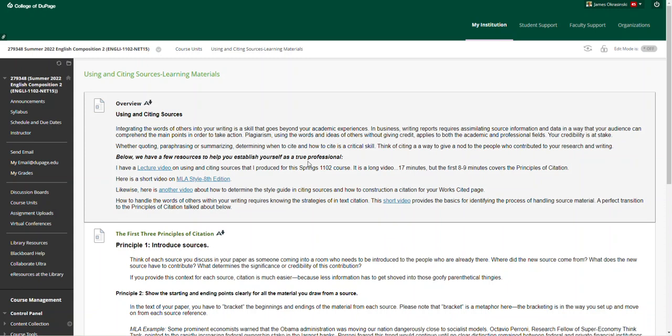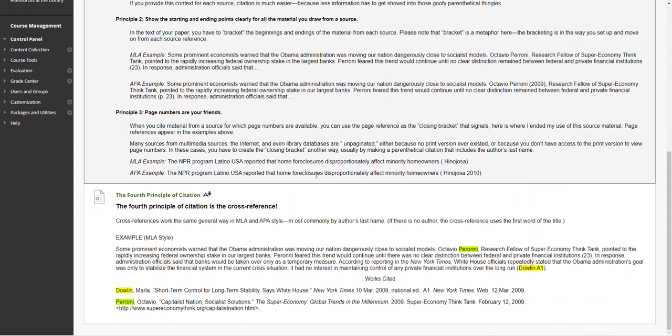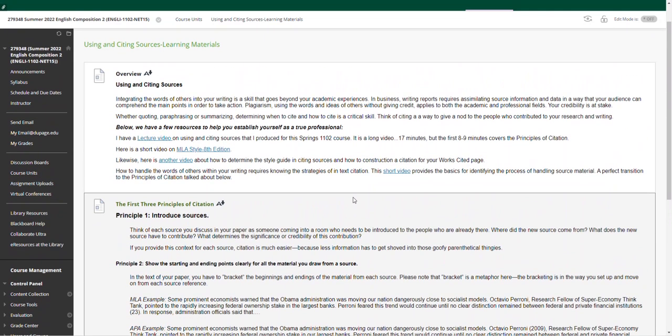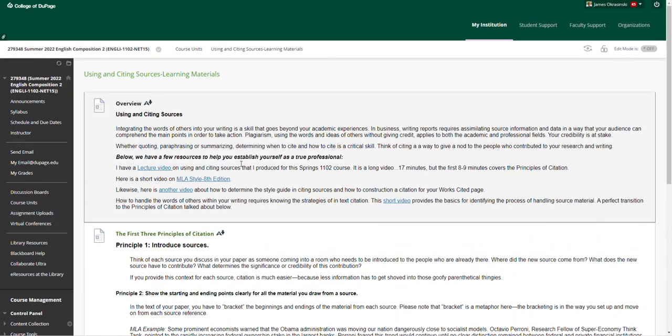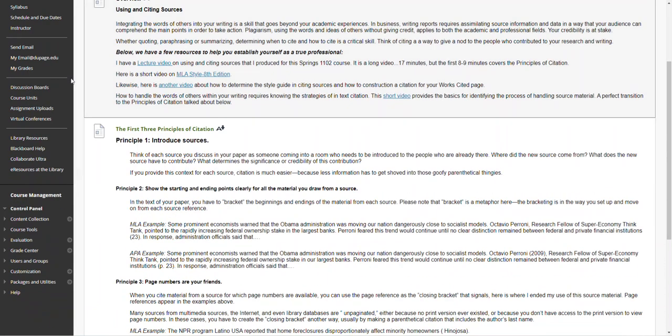Here's a section here, and I set up a separate course unit for it about how to use the principles of citation as we move into the double entry journal and how we need to use and cite sources in the research essay draft. So I even have videos on how to go about using and citing sources in this particular course unit. Set aside some time to review these videos. They are helpful to you.